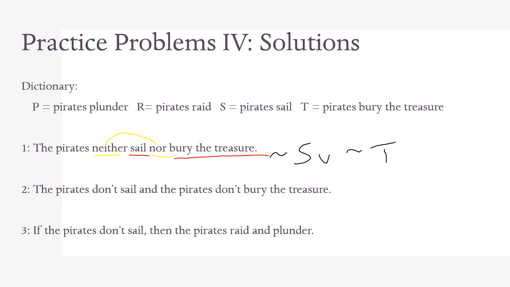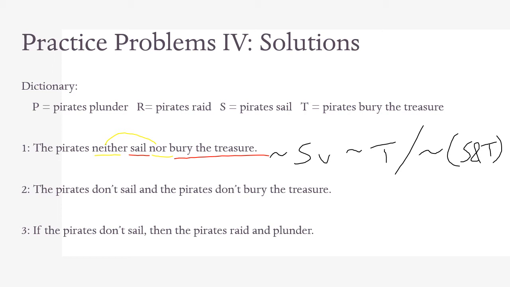Another way of writing this is writing it with an ampersand like that. Those are actually equivalent sentences. What it's saying is it's not both of these things. The other instance is saying it's not this or it's not this, and what this is saying is it can't be both of them, which is equivalent in logic.